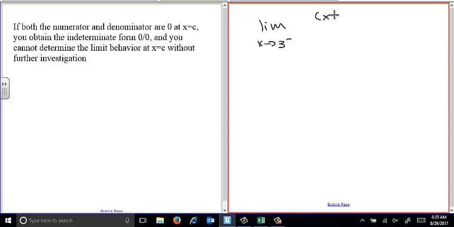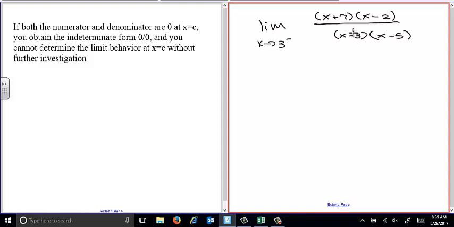We're going to have x plus 7 times x minus 2 divided by x minus 3 and x minus 5. It's a rational function because the factors in the denominator do not exist in the numerator. We know that we don't have any cases of this indeterminate behavior.